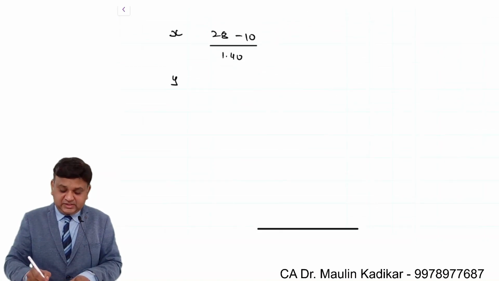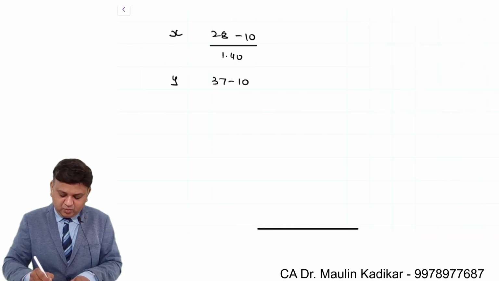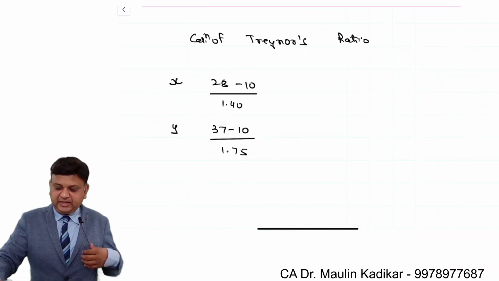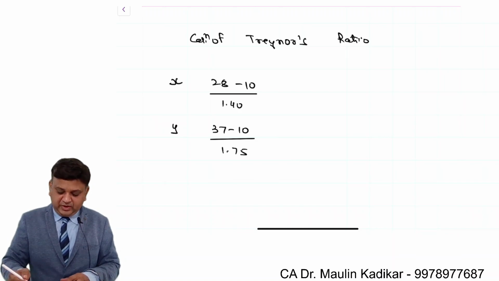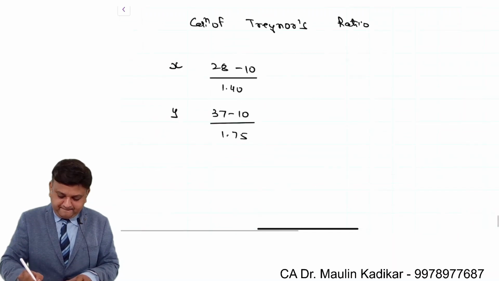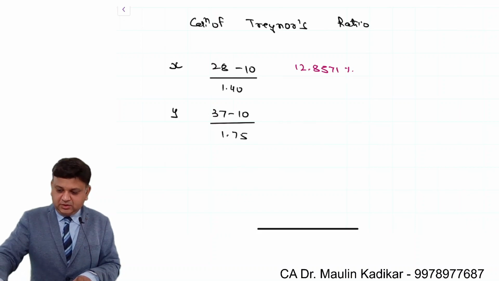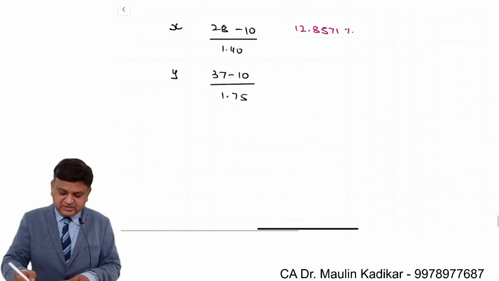For Y it is 37 minus 10 divided by 1.75. So use your calculator. 28 minus 10 is 18 divided by 1.4, 12.8571. Next, 37 minus 10, 27 divided by 1.75, 15.4286.